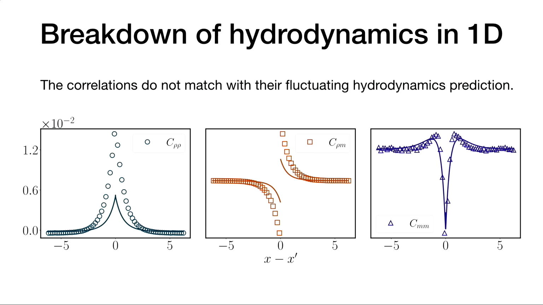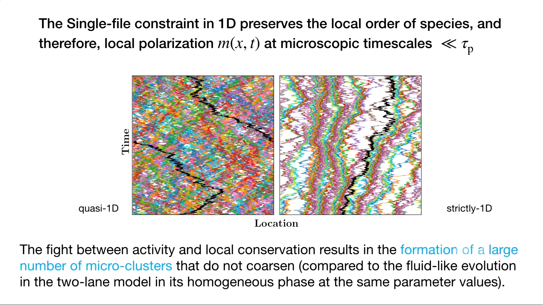In fact, if you take this hydrodynamic equation and the fluctuating hydrodynamic equation and compute the correlation functions of this density, they do not describe it. So what is the reason for that? If you look at this quasi-one dimension, you see that there is a lot of activity going on. The system mixes, so locally the system equilibrates, and you can have a Bernoulli product measure locally.